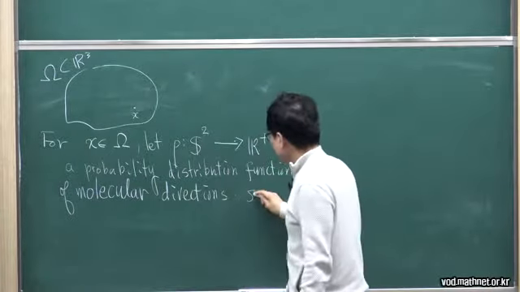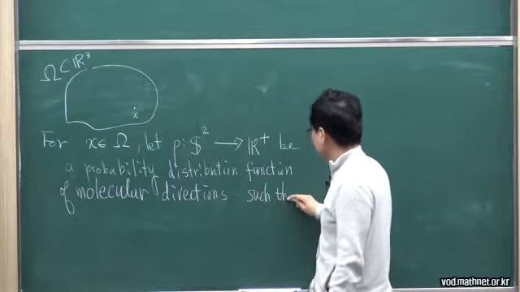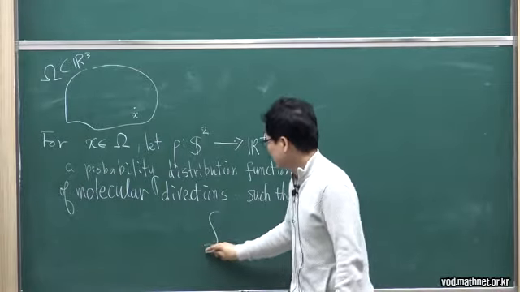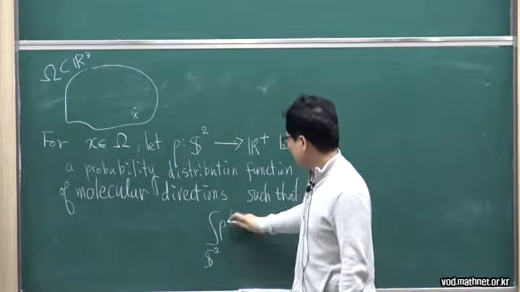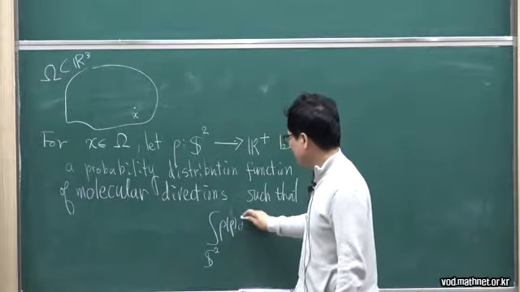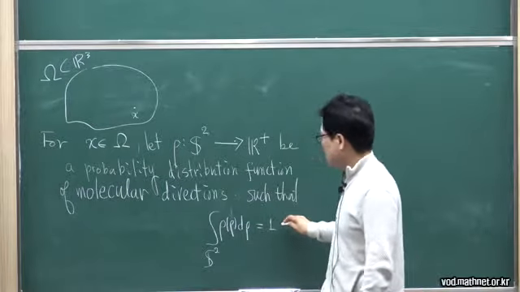And the probability density satisfies the integral over S2 of rho(p) dp equals 1.